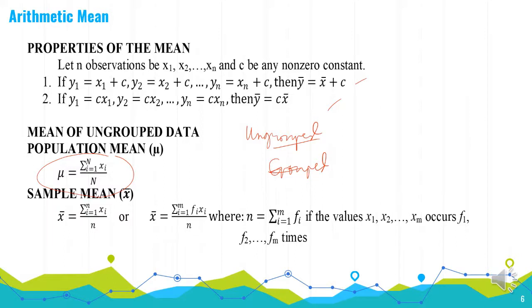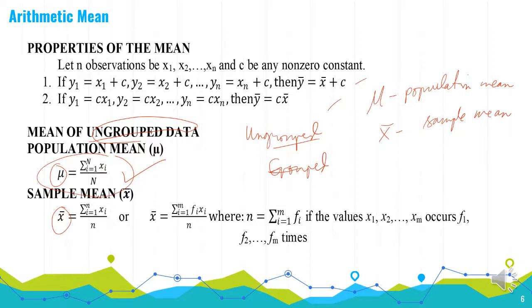First, we discuss ungrouped data. For ungrouped data, this is the formula: mean is equal to the summation of x sub i from i equal to 1 to n, divided by n. When this is the symbol, this is the population mean. When this is the symbol, this is the sample mean. If it is the population mean, you took it from the whole population. If it is the sample mean, the mean computation comes from your samples.